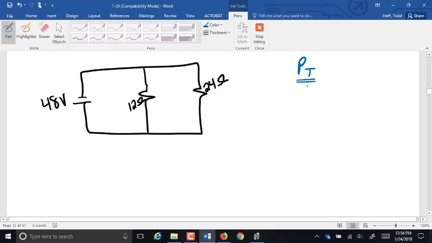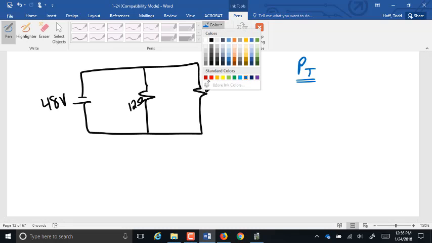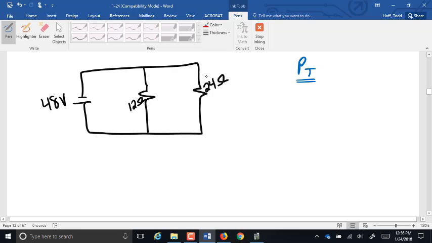Find the total power produced and dissipated in this circuit. Of course, first step in finding total power is to do what? To find the current. And to find the current, you need resistance, right? What's your total resistance?